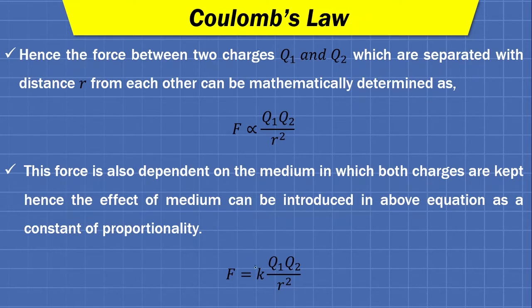Here we have introduced small k as the constant of proportionality. So force F is equal to k q1 q2 upon r square. Fine. Here I have not put any arrows on the quantities, hence this is just a scalar force, or the magnitude of force can be calculated by this equation.